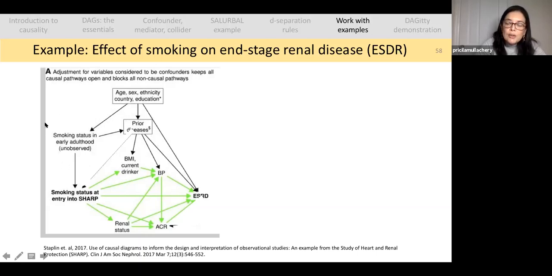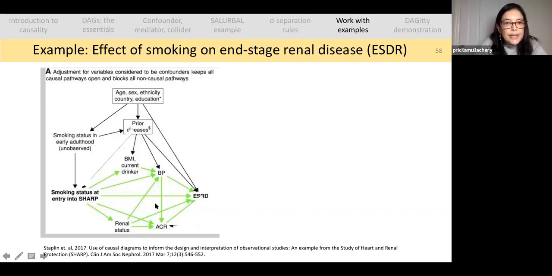We are also allowed to put unobserved variables in our DAGs. Like we can see here, the smoking status previous to this study was unknown, but they put it in the DAG anyway. And we're going to see that we don't really need to adjust for that because we're already adjusting for other things that are in that path. So basically we are closing that path even though we don't have a measure for that.